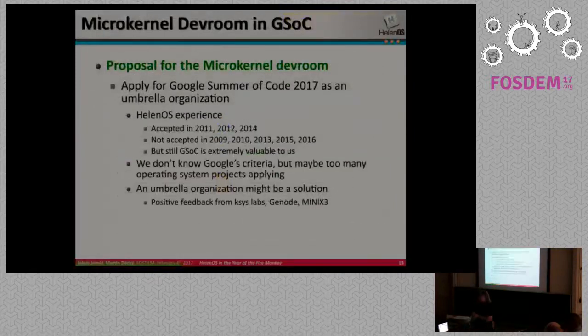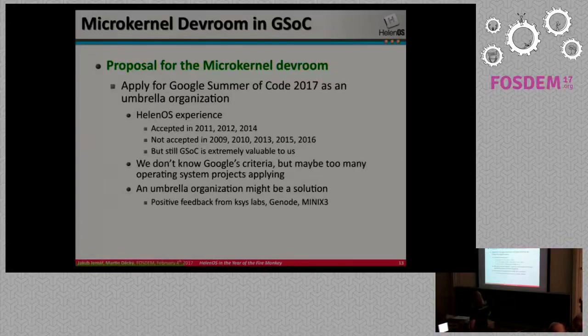And the other suggestion for cross-pollination, we have already discussed this in the mailing list of this dev room. We would really like to apply for this year's Google Summer of Code as an umbrella organization. HelenOS has some experience in Google Summer of Code. We have been accepted 3 times, and we were quite successful in GSOC.